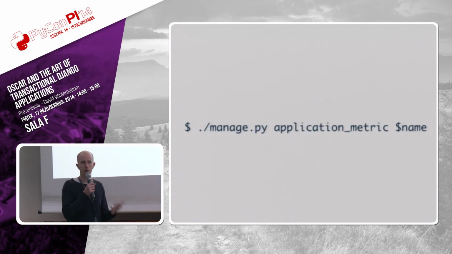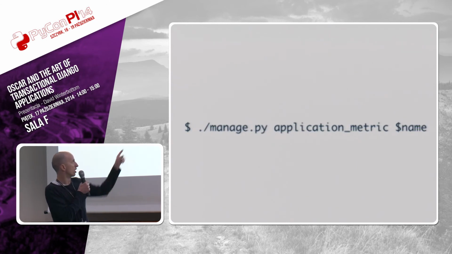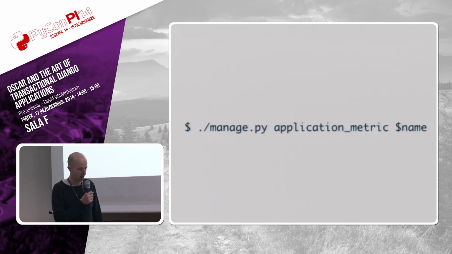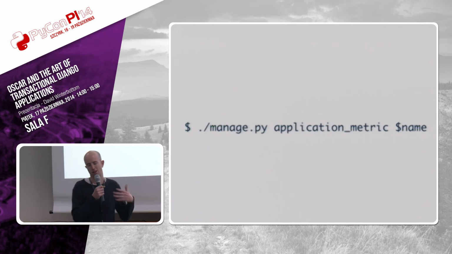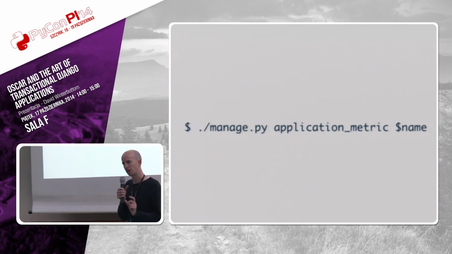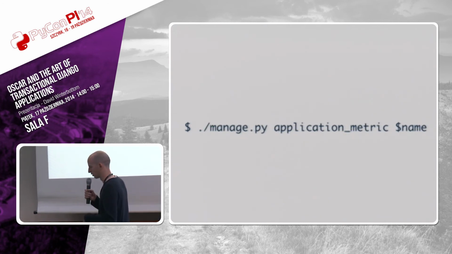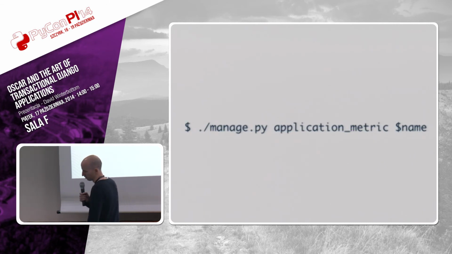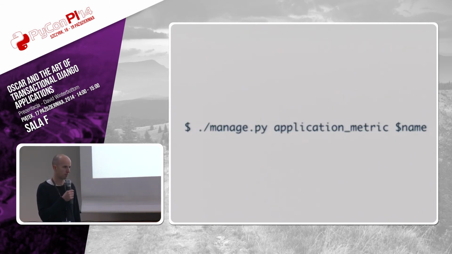Whenever you write a new piece of functionality and metrics are changing, you can just implement a new method on the command class, like the number of orders in the last hour or the number of submissions in the last day. It makes it really easy, a really low barrier, to start plumbing your new functionality into your metric gathering software, and so the ops team can set alerts for it.